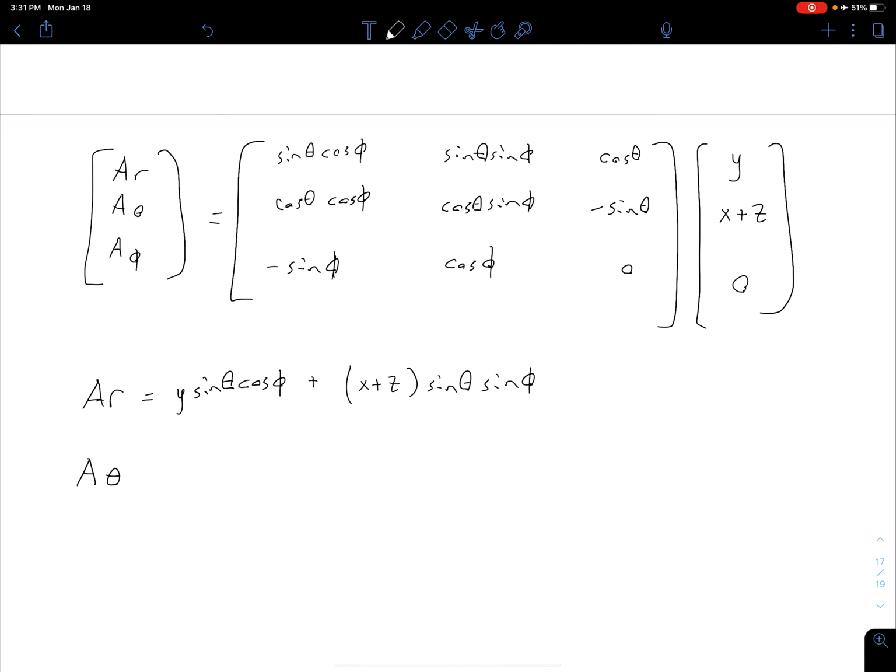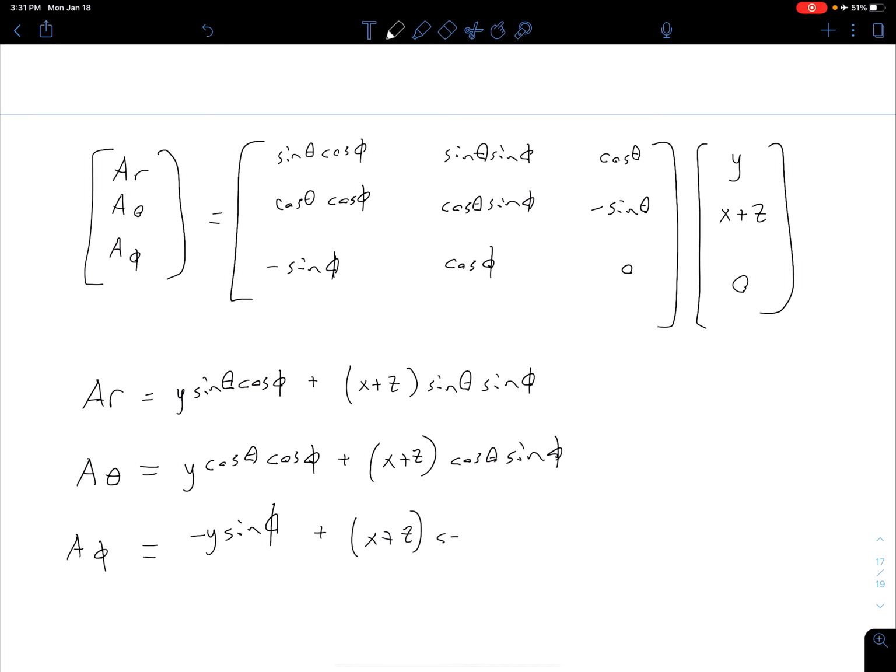Similar for theta, except now we're using the second row of the 3 by 3 matrix. We get y cosine theta cosine phi plus the quantity x plus z times cosine theta sine phi. And finally for our phi component, we get negative y sine phi plus the quantity x plus z times cosine phi.